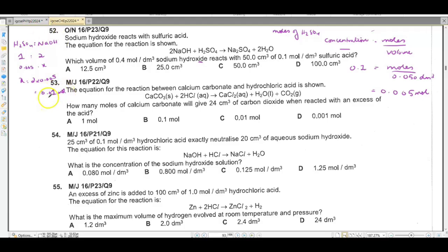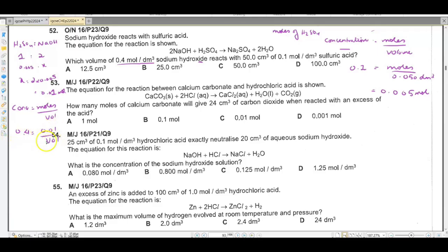Now we have the moles of NaOH and we had the concentration of NaOH as well, so we can find the volume. Concentration is equal to moles by volume. 0.4 moles per decimeter cubes, and moles are 0.01, and volume is here.